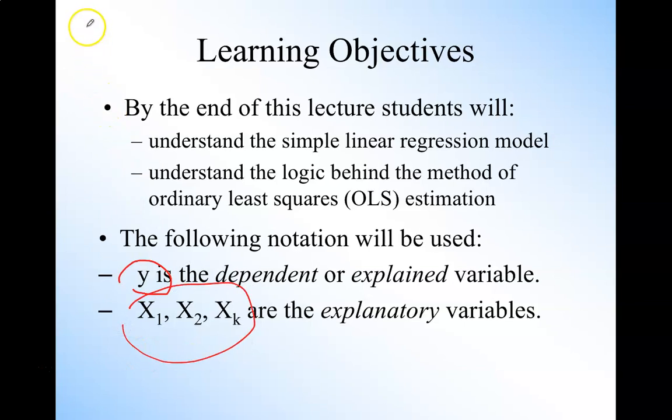So you have this kind of relationship, for example, like y equals to x and something. This kind of relationship is what we are going to explore in this chapter.